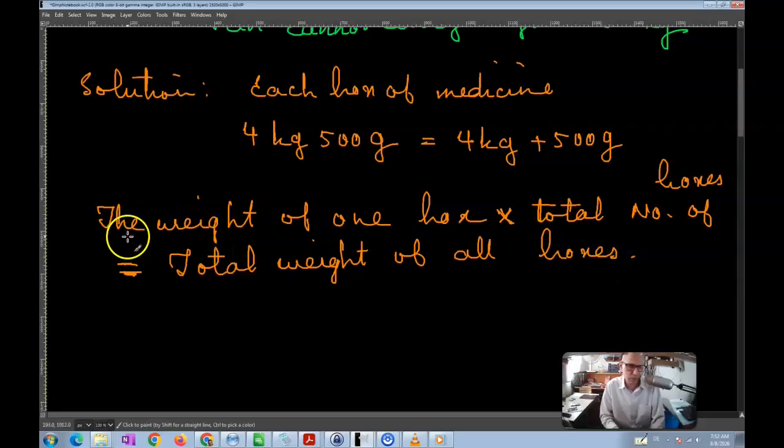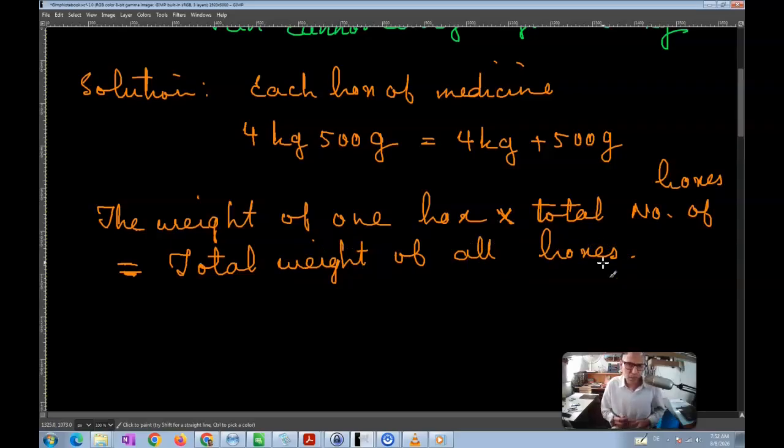Again, the weight of one single box times the total number of boxes. For example, suppose the weight of one box is 2 kilograms and in total I have 20 boxes. So 20 boxes times 2 kilograms would be 40 kilograms. That would be the total weight of all the boxes together, right?